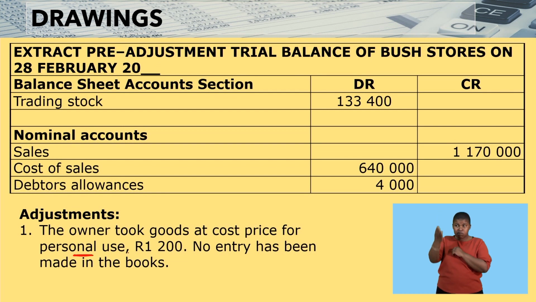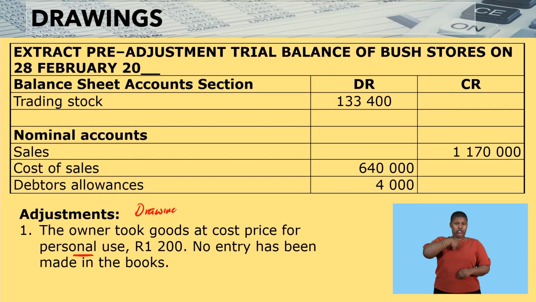When the owner takes goods for personal use, we call that drawings. Obviously, you know that by now. These drawings do not directly affect our statement of comprehensive income, but we have to record them because they will affect what we call trading stock surplus and trading stock deficit. So we don't ignore it.